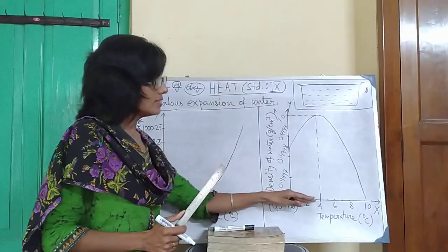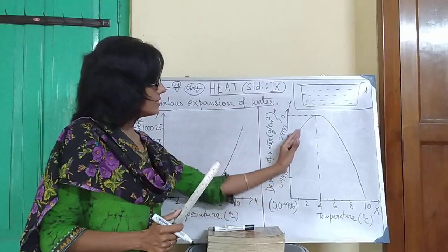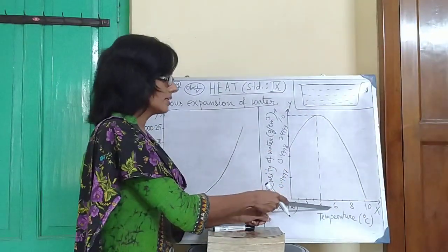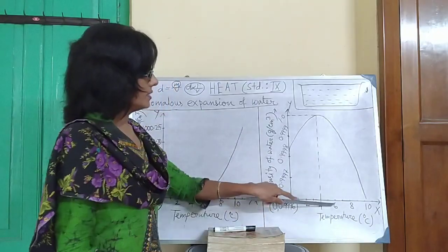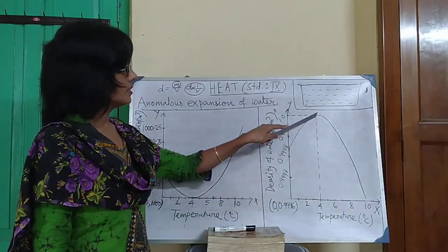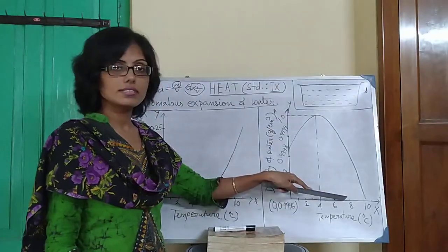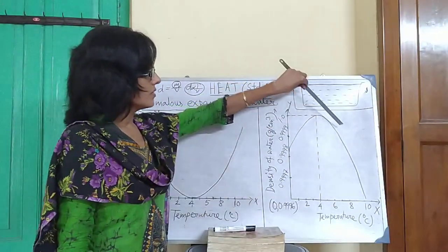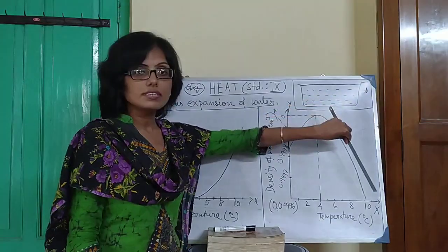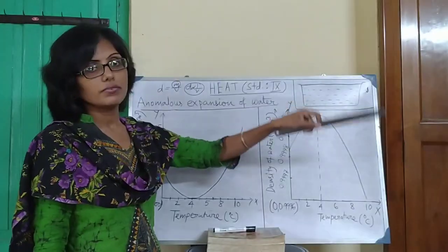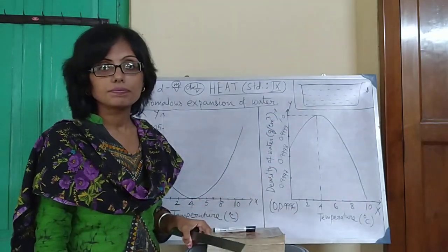If we increase the temperature, density is increased. When temperature reaches 4 degree centigrade, density is maximum. If we again increase the temperature beyond 4 degree centigrade, density decreases with the increase in temperature. Means water behaves like other liquid.